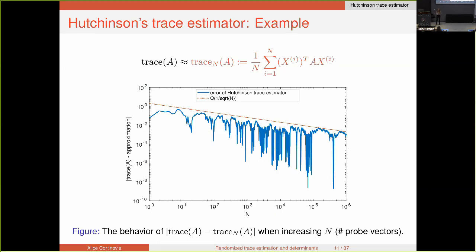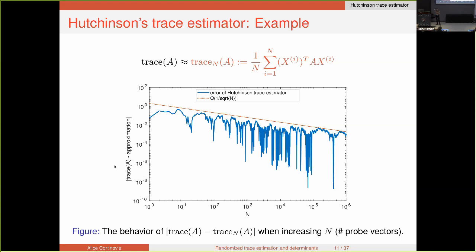So this is an example to show you more or less how this estimator behaves. Here I took a matrix A, which is symmetric. It doesn't really matter what matrix it was, but it was random. And then I've plotted for each number of samples from 1 to 1 million, I computed this estimate, and I'm plotting the absolute value of the absolute error of the approximation.